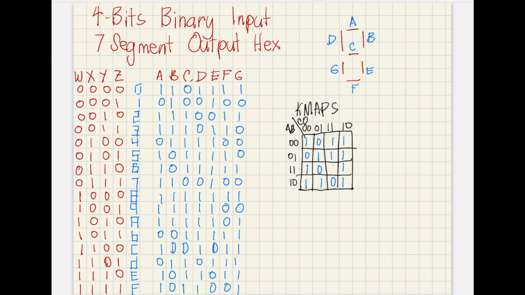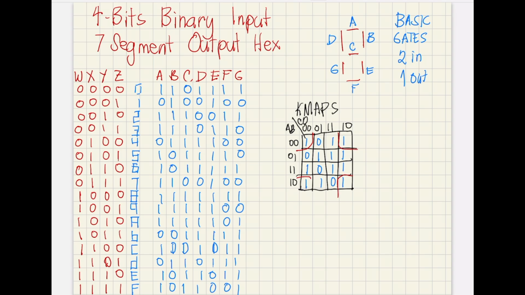So you should be familiar with how we position these variables or numbers into the KMAP, so that you will not make mistakes in finding the simplest equation that we can use. Here we're going to use the basic gates, where there are 2 inputs and 1 output.